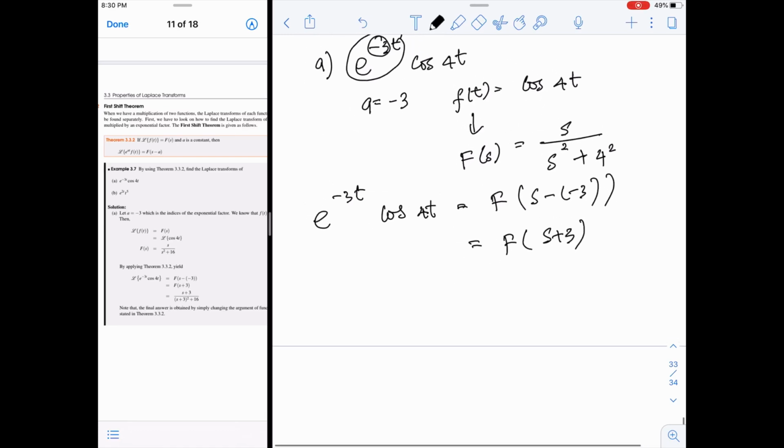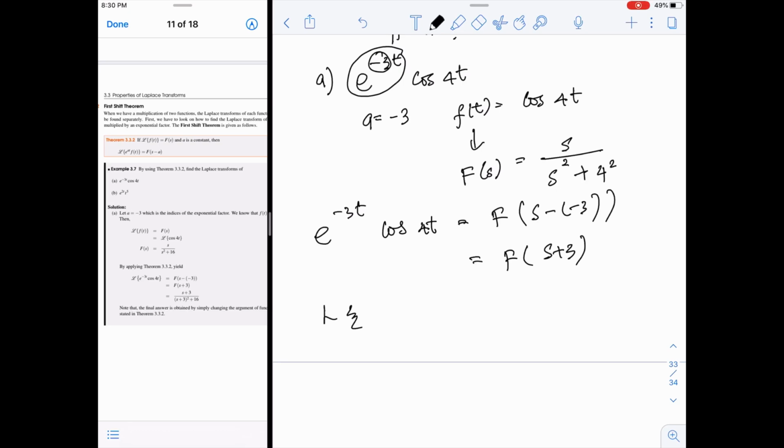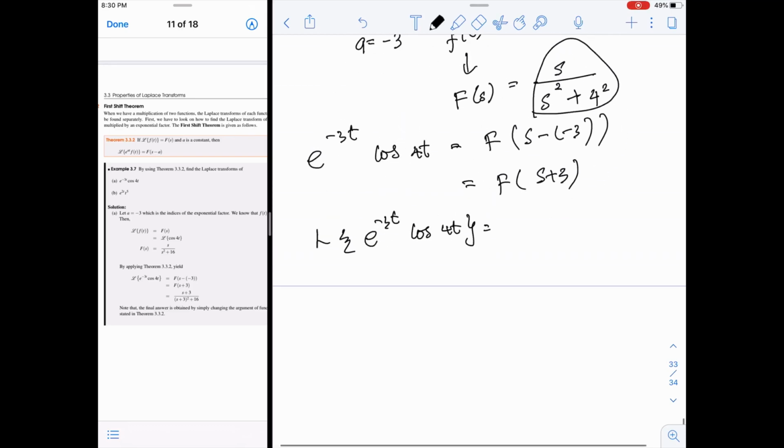So the answer for the Laplace of e to the power of negative 3t cos 4t is this one, but in every s, you must add 3. So you will have this over here, and then this over here. So this is the answer.